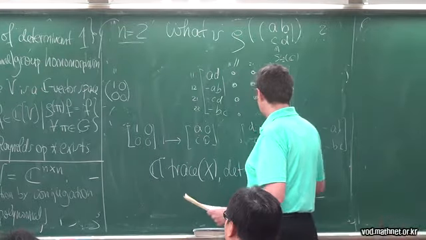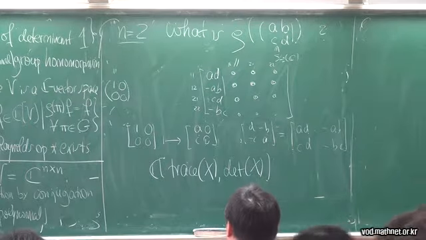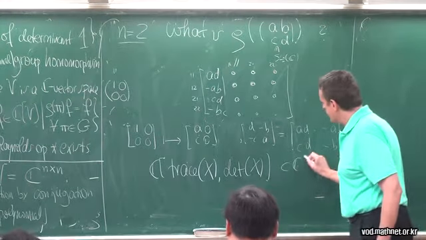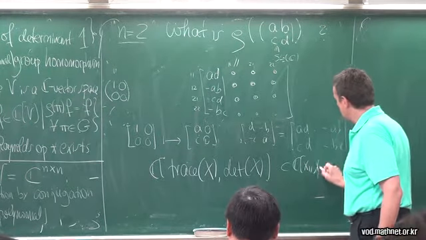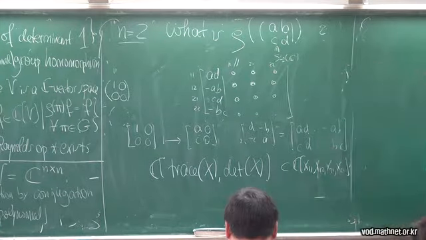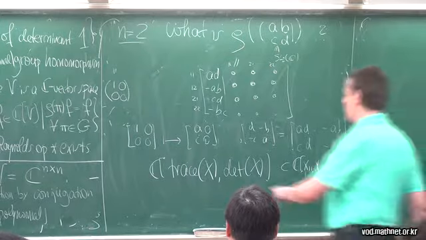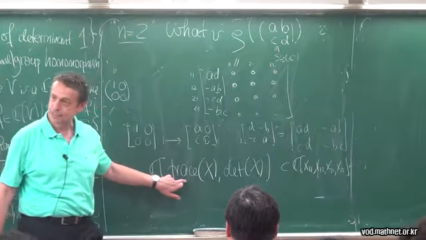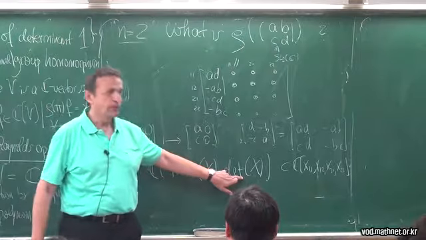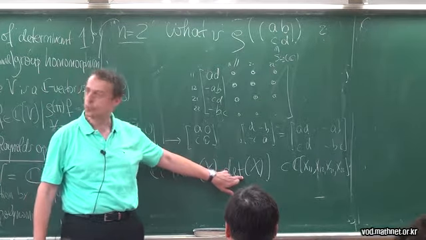Now the ring of invariants, as I said, is in this example generated by the trace and the determinant of a 2x2 matrix. So this is the subalgebra of the polynomial ring in x11, x12, x21, and x22, and the ring of invariants under this action is generated by this polynomial, x11 plus x22, and this polynomial, x11 times x22 minus x12 times x21.